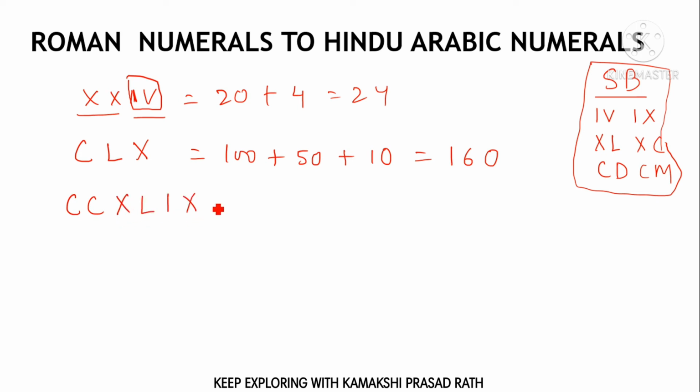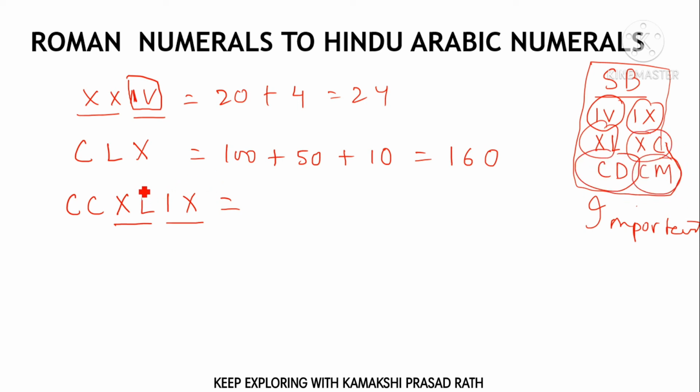But if we have something like CCXLIX, first we have to find small-big groups. Remember, these are very important: IV, IX, XL, XC, we have to search for these groups first.